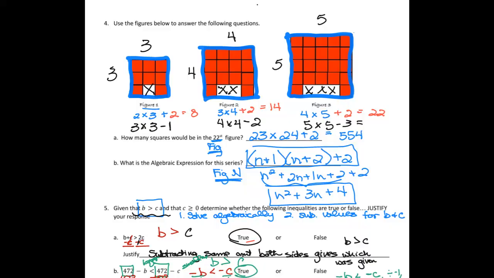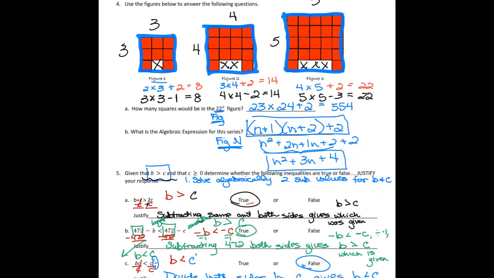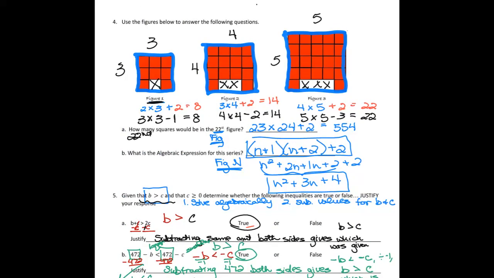And if you do that, you are going to get the same answers. 5 by 5, 25, that's 22. So if I'm looking at the 22nd figure, from figure 1, it jumped to a 3 by 3. Figure 2 jumped to a 4 by 4. Figure 3 jumped to a 5 by 5.